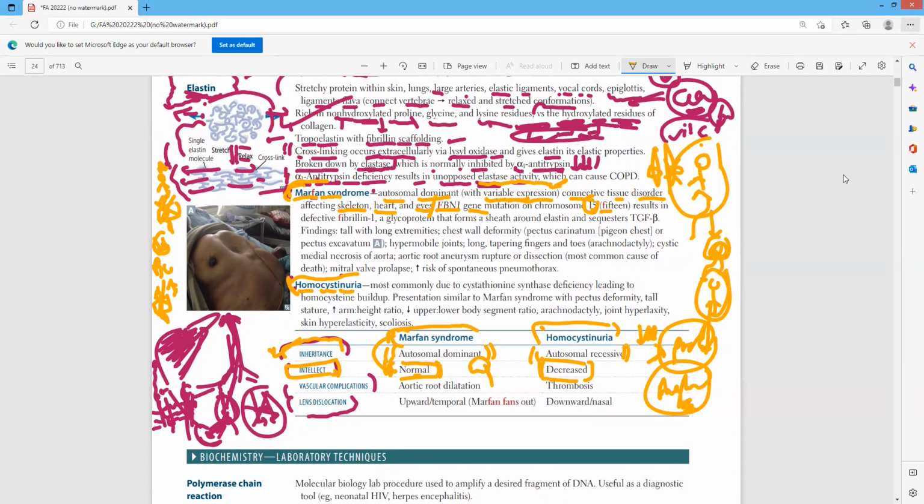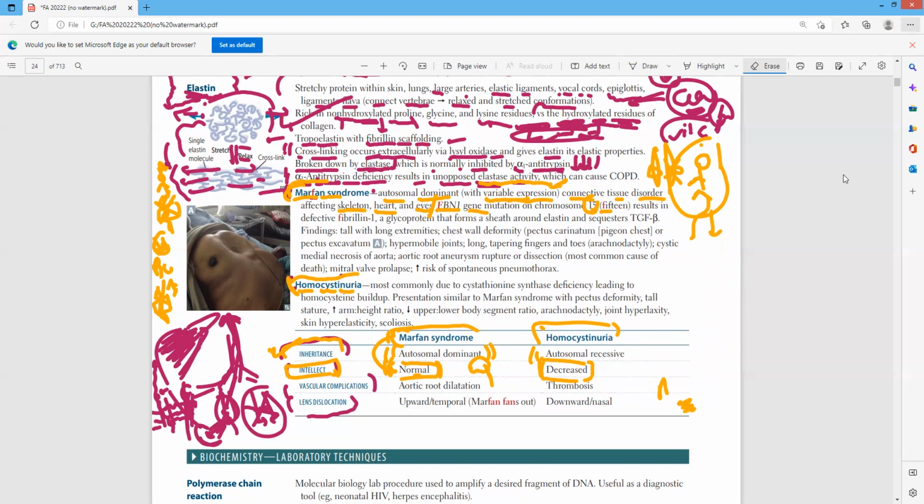Both have a defect or a problem with chromosome 15, and we will associate that with genetic imprinting. We will see methylation, and we will associate that through all the biochemistry section. When you finish all the biochem section, please associate these diseases together to be prepared for the exam, because the exam will ask you in that way.